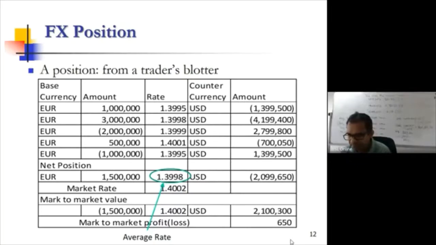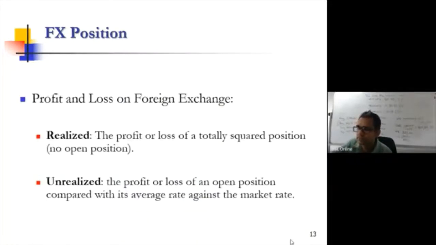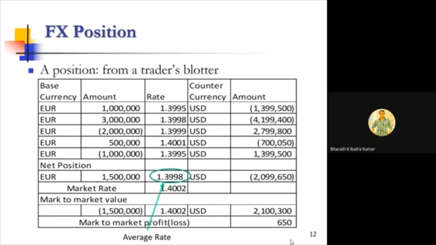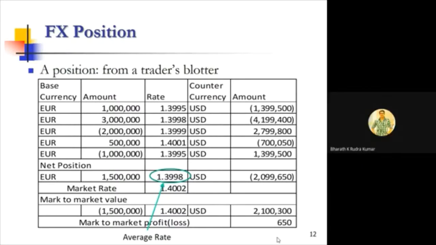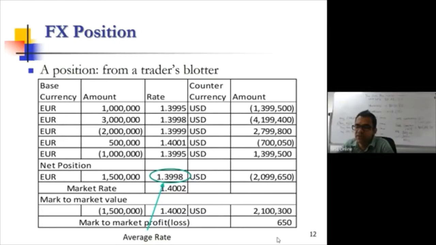Anything? I think the calculation is wrong in multiplying 1.5 into 1.3998. This should be 2,099,700. 2,099,650 divided by 1.5. Yeah, the thing is it's 1.39976666. So I rounded it off to 1.3998.